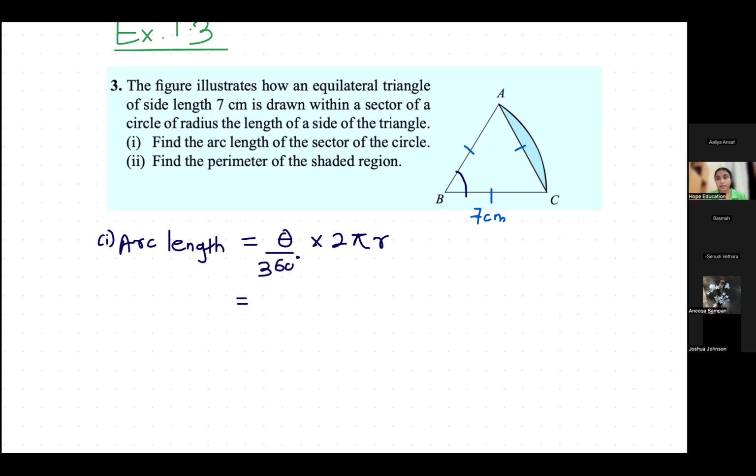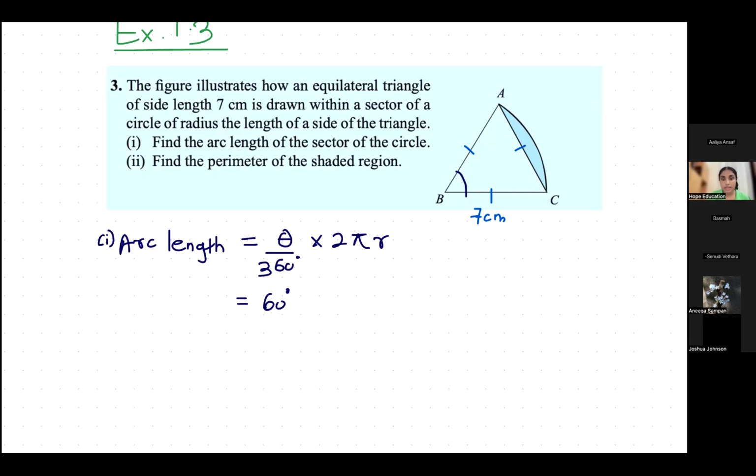In an equilateral triangle, all the side lengths are equal and all the interior angles are equal and they are 60 degrees. So we know theta is 60 degrees, right? Because it's an equilateral triangle.